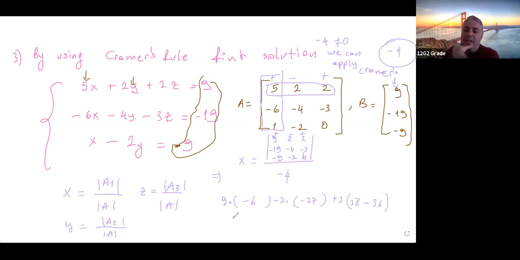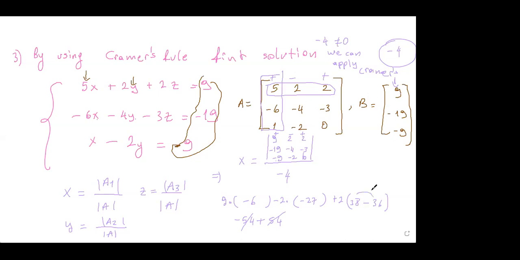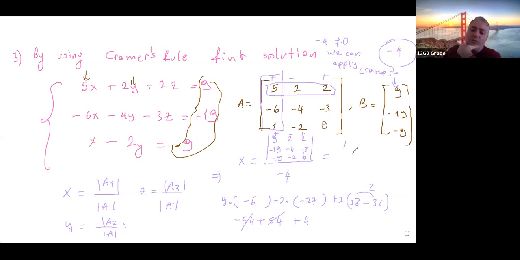So what will this be then? -54 and +54, I think, right? Yes, I think I am right. 13 minus 36 is 2, 2 times 2, 4. Now this result is 4 over -4, which is -1. So we have calculated x.